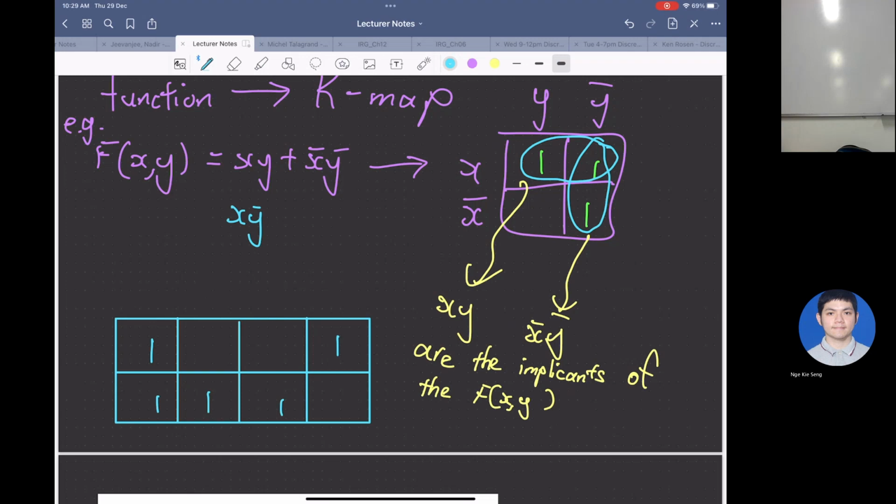Something like this. These are all prime, but they are not essential.